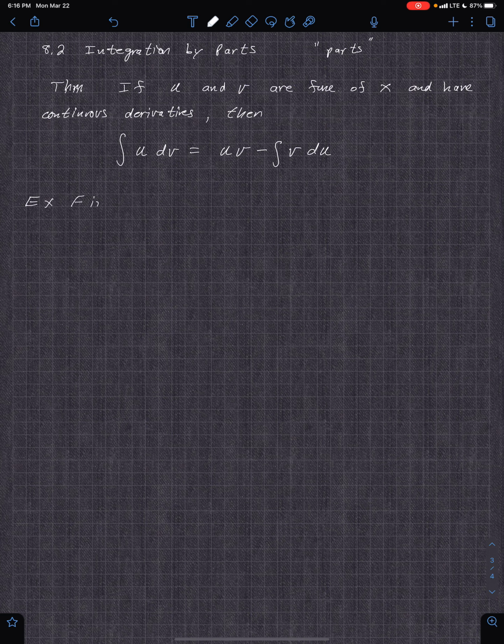So find the integral, or indefinite integral, of x cubed ln x dx. And so what you do is you choose your u and your dv. You differentiate one and you integrate the other. So this is how it works.